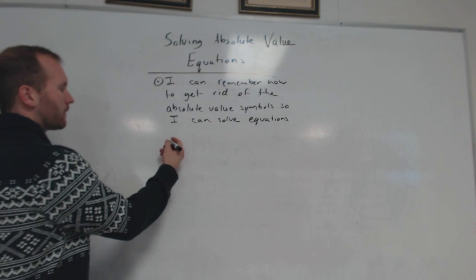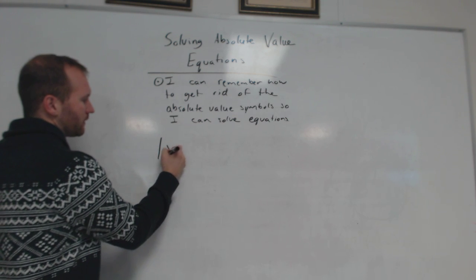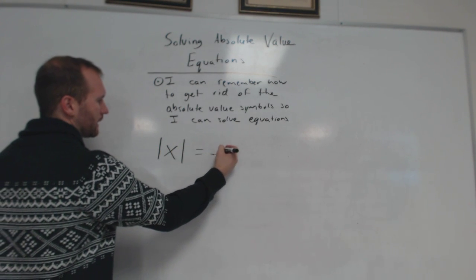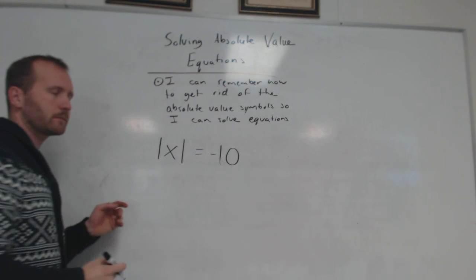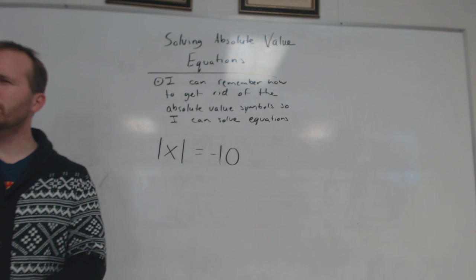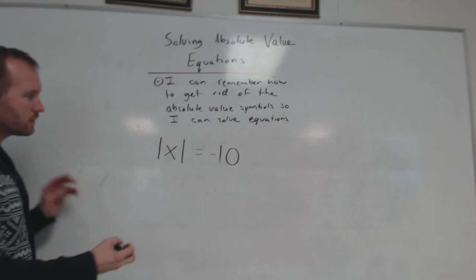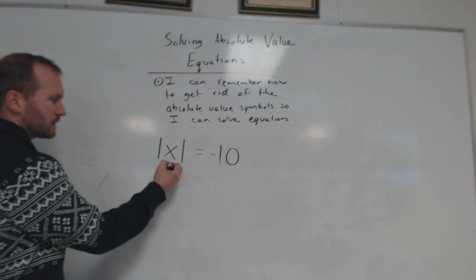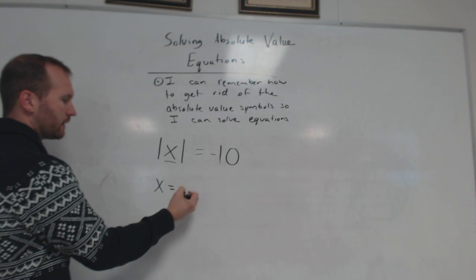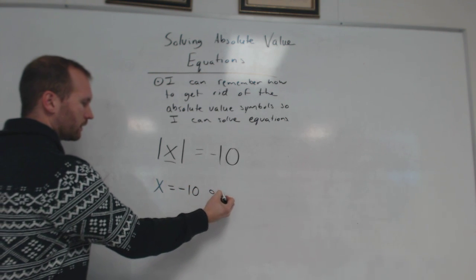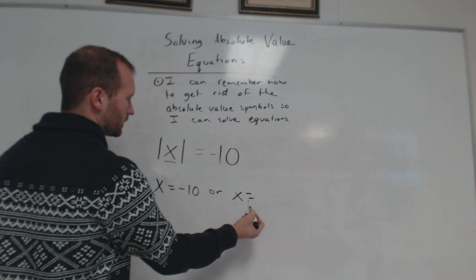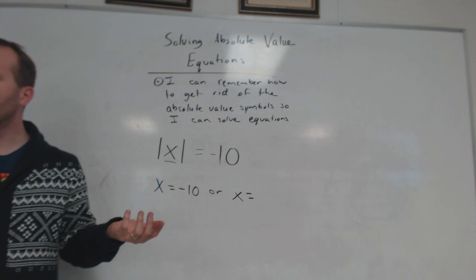What if I gave you a problem like this? The absolute value of x equals negative 10. Well, I can just do this. x, that's what's inside my absolute value, equals negative 10, or x equals negative 10, right?